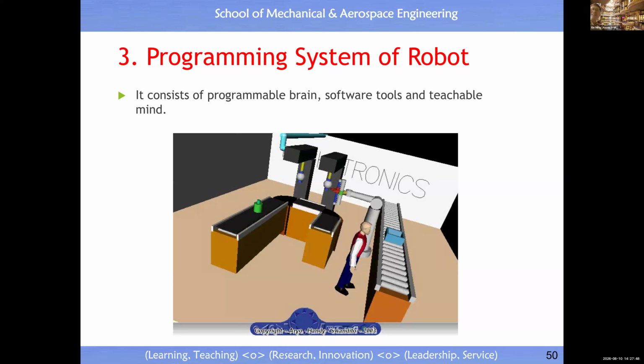And this slide is important for you to know because the objective of the study of this course is for you to become a designer. Then as a designer, there's a requirement: you must make your robot programmable. That gives you motivation to pay attention to the study of motion planning.